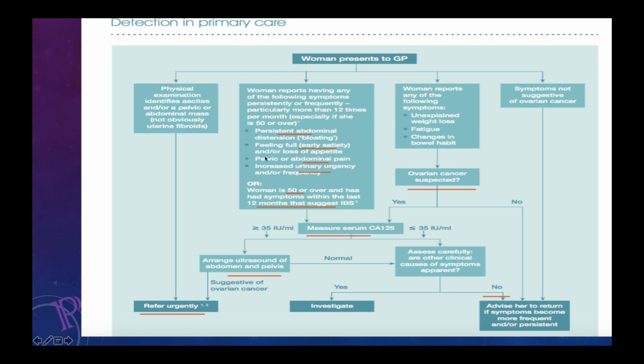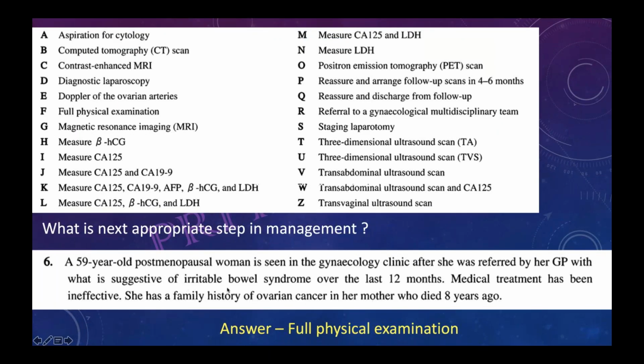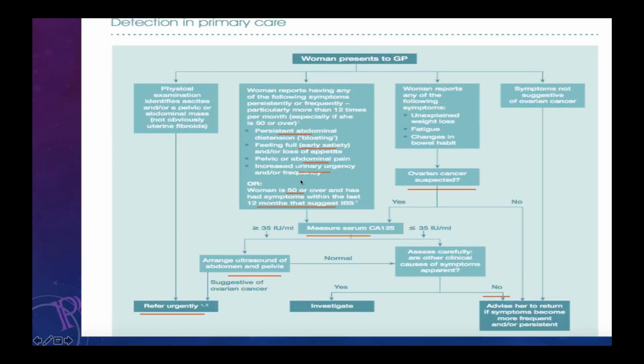If any of these symptoms are there, or physical examination identifies a mass, urgent referral can be done. But from this, CA 125 should come because she has IBS symptoms. If you follow this pathway, then CA 125 has to be measured. So this should be the answer.